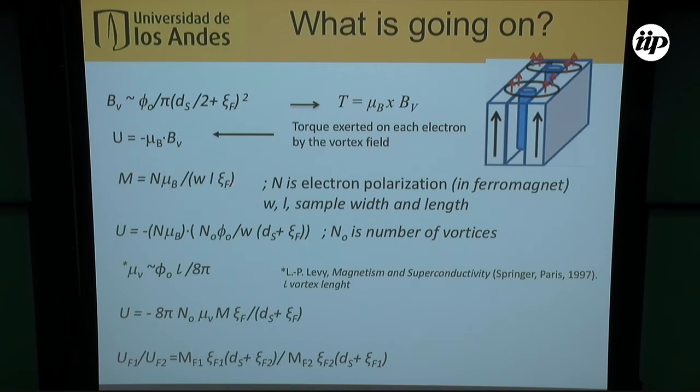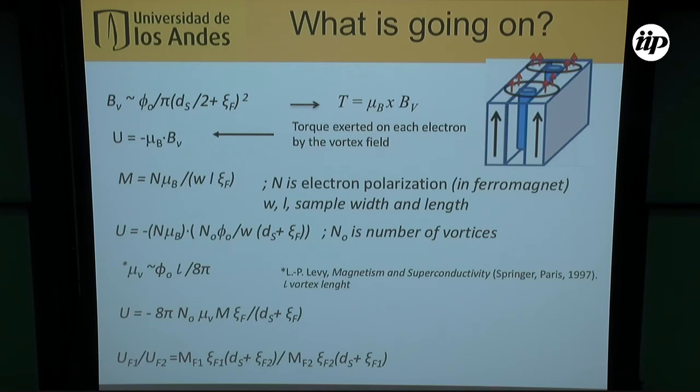And you can also do a better calculation when you include the ferromagnetic coherence length, the thickness of the superconductor, and also you can have a ratio, to compare what would be the energy for two different ferromagnets, the energy ratio, okay?